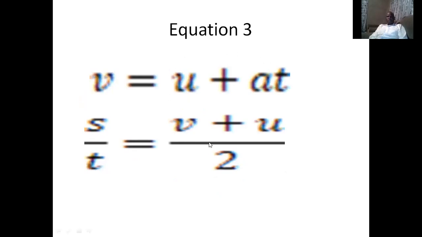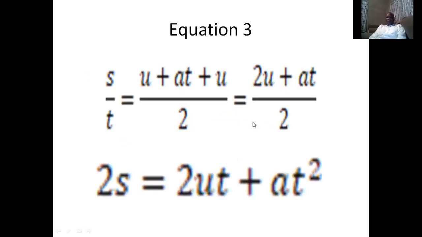And so we have these two equations. Where there is final velocity, we can replace it with initial velocity plus acceleration times time. If you add u plus u, it gives 2 times initial velocity plus acceleration times time, over 2. We have merely arranged this.